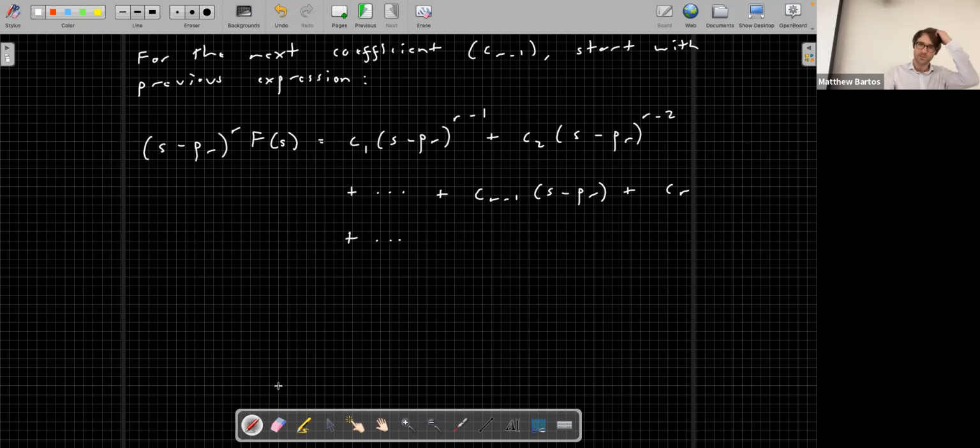So we take this and note that if we evaluated this at s equal to pR, we would be able to recover CR, right? But for recovering all of these other coefficients, C(R minus 1) through C1, we need to do something slightly different.